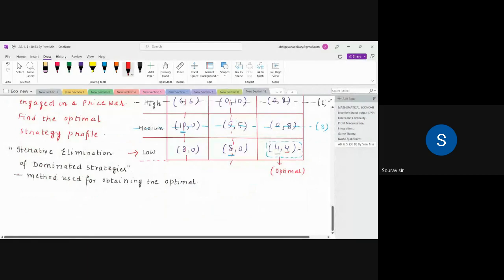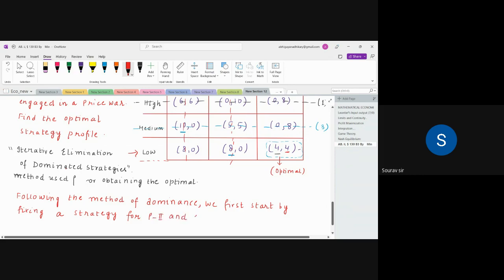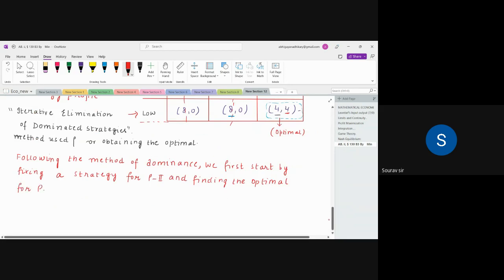So by following the method of dominance, we first start by fixing a strategy for player 2 and finding the optimal for player 1. Okay.